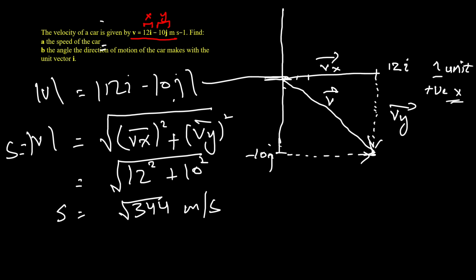Now the angle the direction of motion of the car makes with the unit vector i. The angle the direction of the motion of the car makes with the unit vector i means the angle the velocity vector makes with the positive x-axis. The unit vector i represents the x-axis or x component.